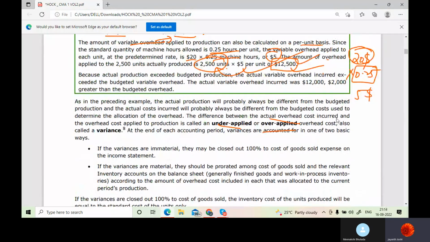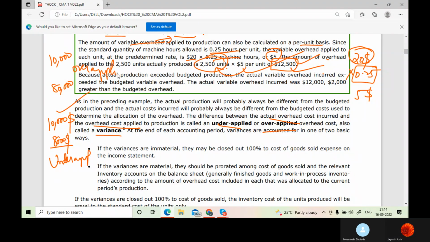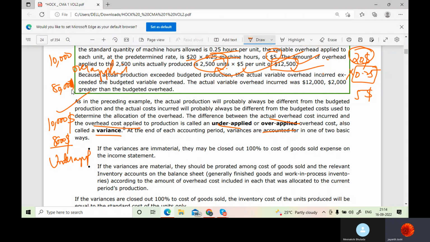The difference between actual overhead cost incurred and the overhead cost applied to production is called underapplied or overapplied cost, also called variance. Say you incurred $10,000 and you applied, that means what you have estimated, is $8,000. So you incurred more, you estimated less: underapplied. And if you incurred 8,000 but you estimated 10,000: overapplied.